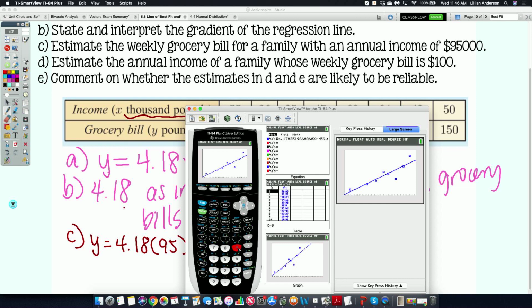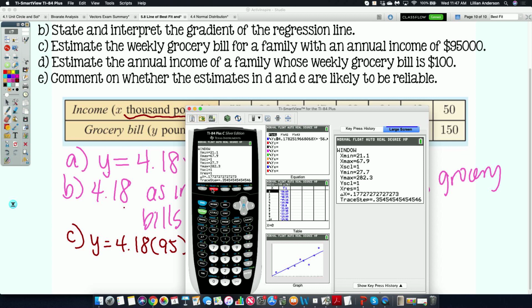I can actually use my regression line on my calculator to get a more exact approximation for 95,000 pounds. The only issue is that when I click on window, my X's only go up to 67.9. I'm trying to plug in an X value of 95, right? So I need to adjust my window so that way I can see it.